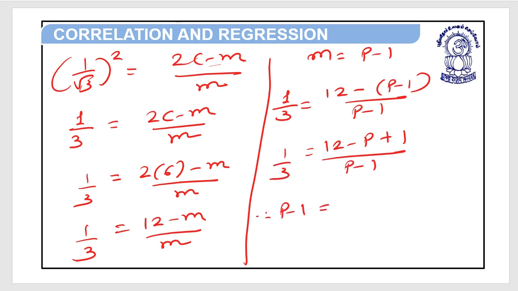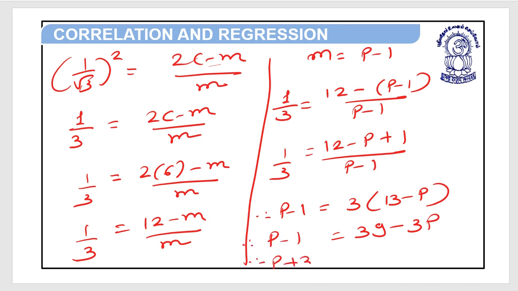So p minus 1 is equal to 3 into 13 minus p, that is 39 minus 3p. So p plus 3p is equal to 39 plus 1. So 4p is equal to 40. So p is equal to 40 by 4 is equal to 10.